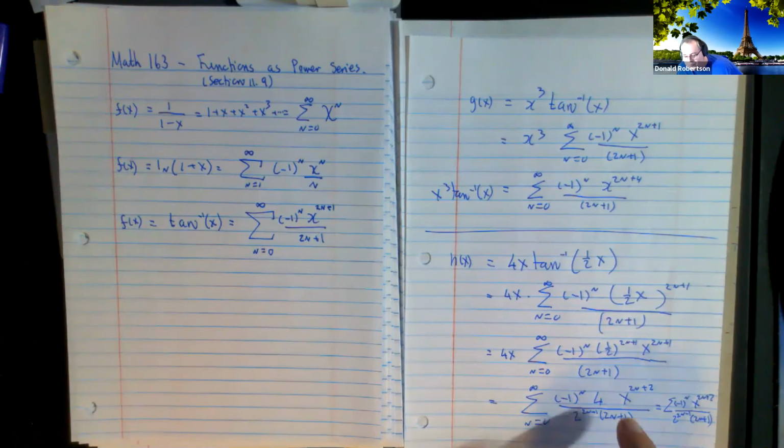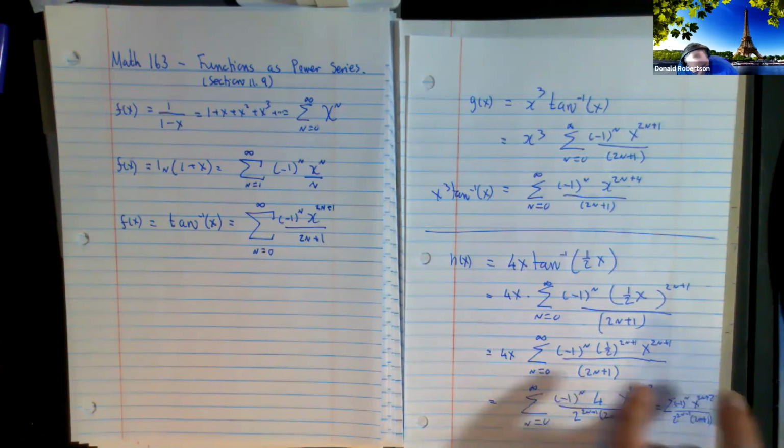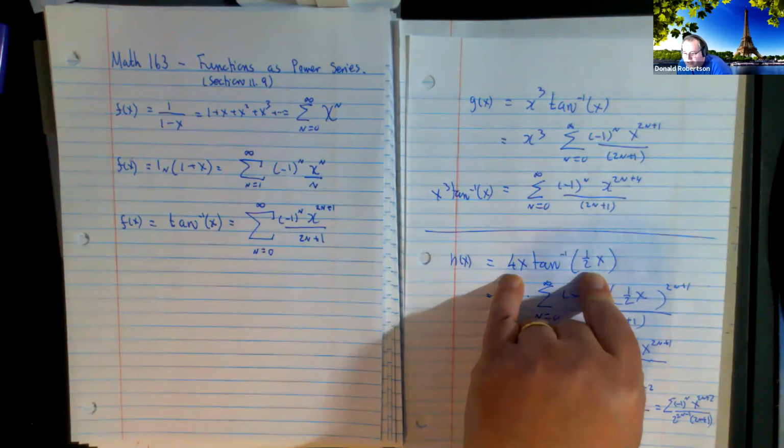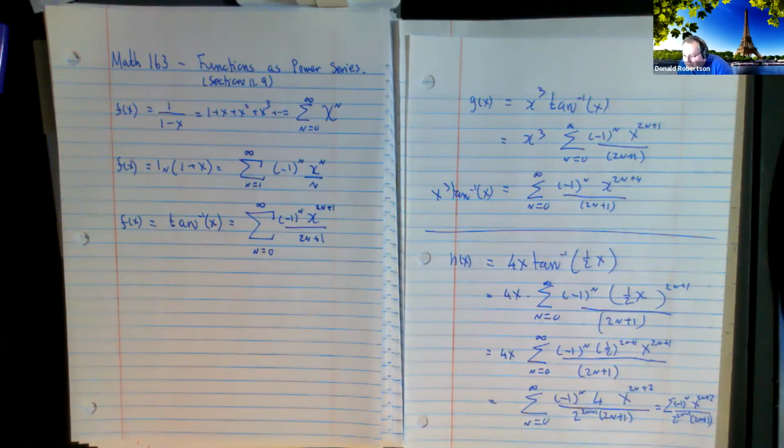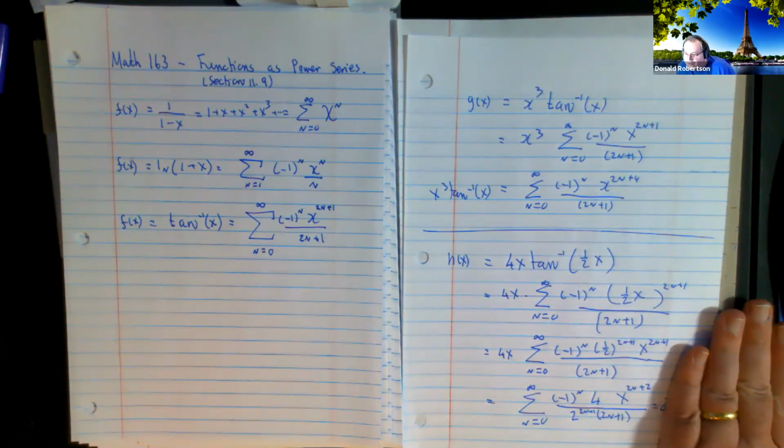I think WebAssign would probably be quite happy with that, and this is slightly nicer. I think it's just a coincidence that the 4 and the 2 play well together, but in general, they won't, in which case, this is probably what your standard answer looks like.